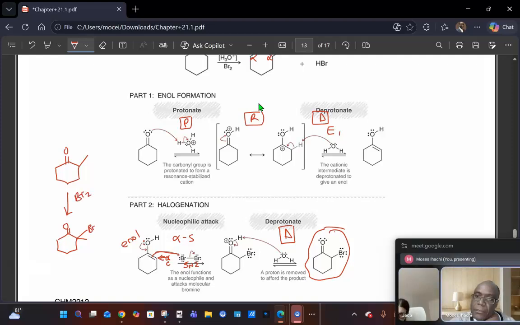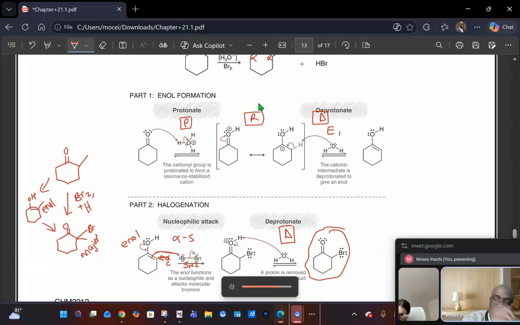So in this case, you always go thermodynamic, because you're going to get the Zaitsev double bond of the enol. That would be the major if it shows up in the test.